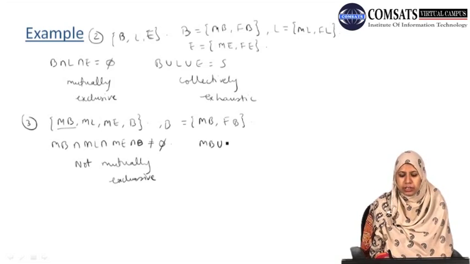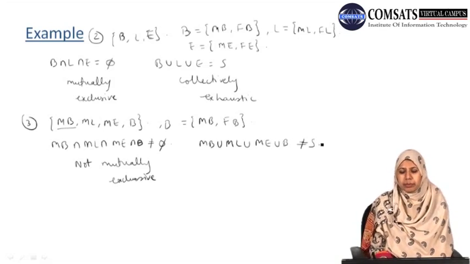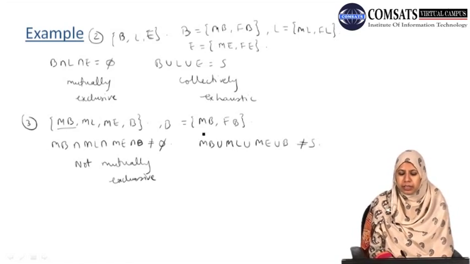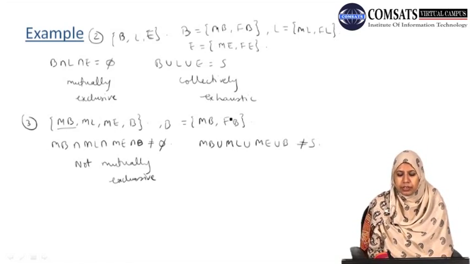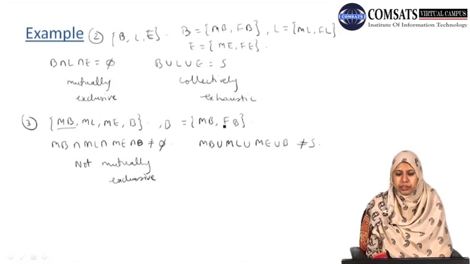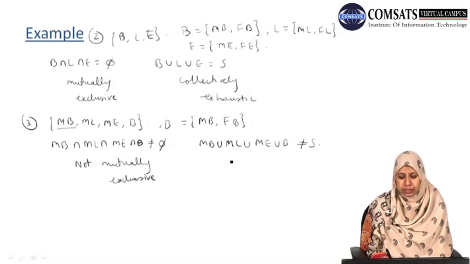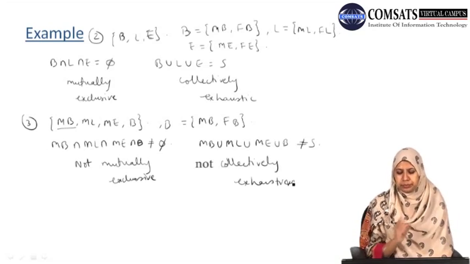The union of these events is not equal to our given sample space S, because by taking the union of these events, we do not have the information of the female student studying law and the female student studying engineering. So the union of these events is not the sample space, which means that they are not collectively exhaustive.